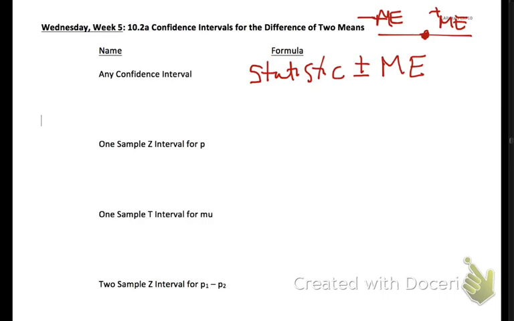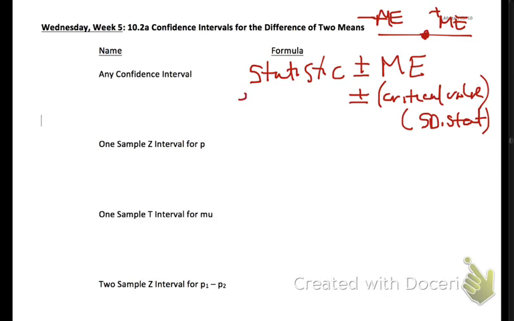To calculate margin of error, that would be plus or minus the critical value times the standard deviation of the statistic. And the statistic itself is your estimate, your point estimate. So that's the general formula.